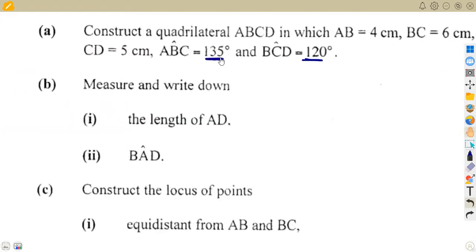So it's a quadrilateral and there's an angle of 135, an angle of 120. Just as an approximation, we can say 135 is something like this, and 120 is something like this. You just know how the angles are. 135 is more than 90, 120 is more than 90.